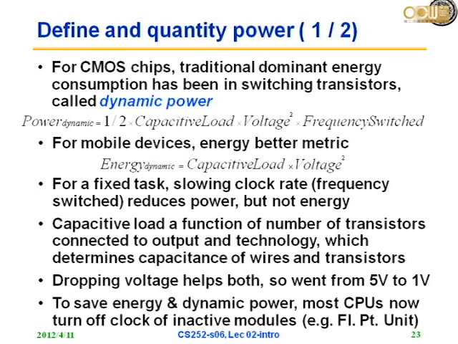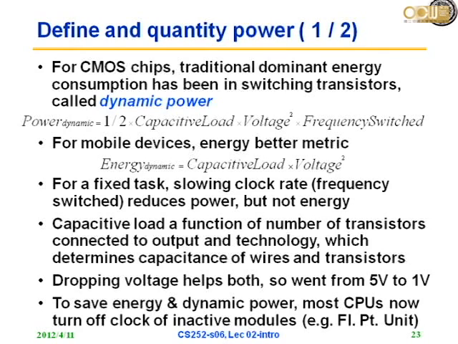So slowing the clock rate can lower your wattage but not energy. And capacitive load is a function of the number of transistors connected to the output and the technology, which determines the capacitance of wires and transistors. And dropping voltage helps both.